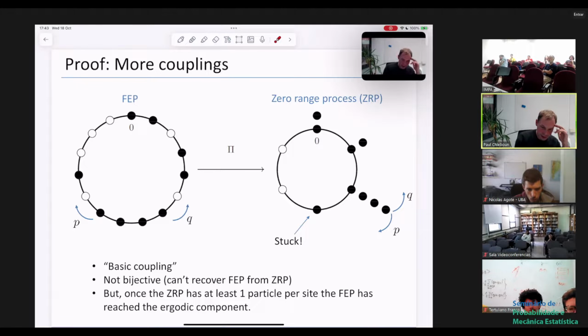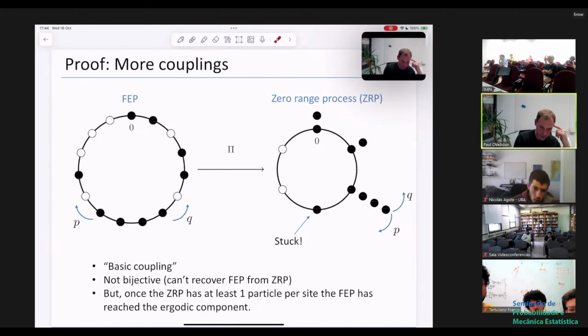The point is, in this zero range process now, particles exit a stack at rate 1 and then choose to go either left or right with the corresponding p and q, unless there is a single particle at the site, in which case it's stuck. So once there's one particle in that site, it's stuck forever.